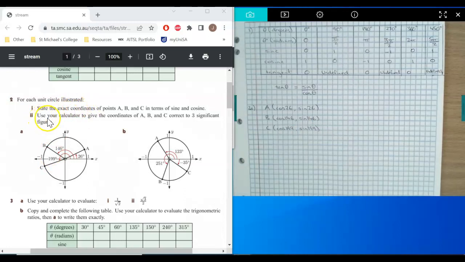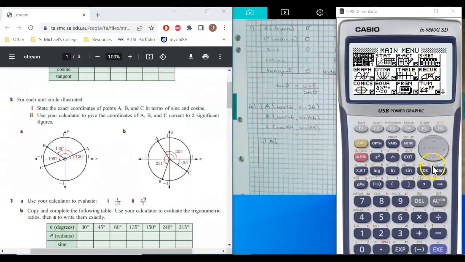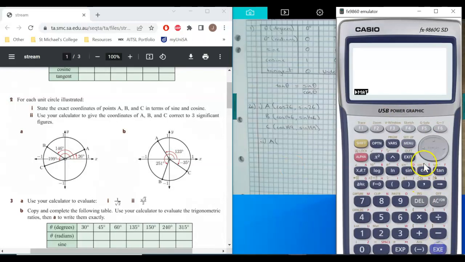Then in part B, we're asked to use our calculator to find them correct to 3 significant figures, so you need to grab your calculator. Okay, so in our calculator, we're going to go to math mode.